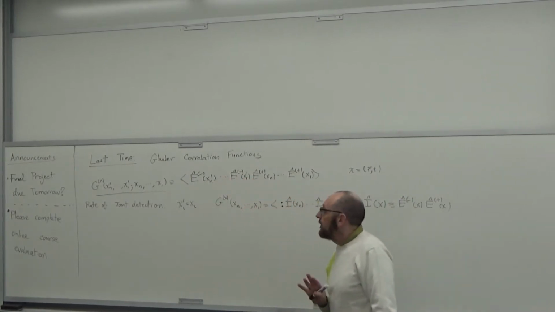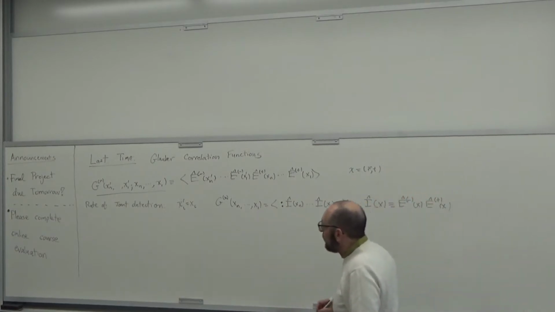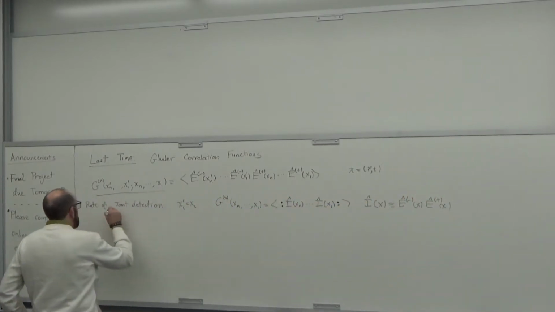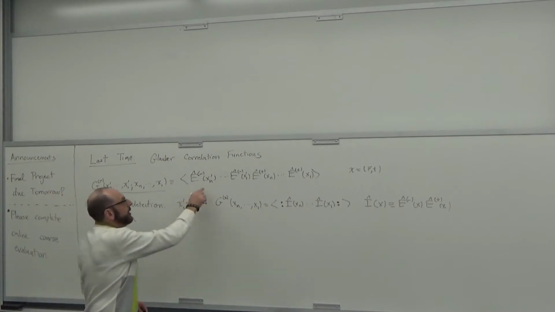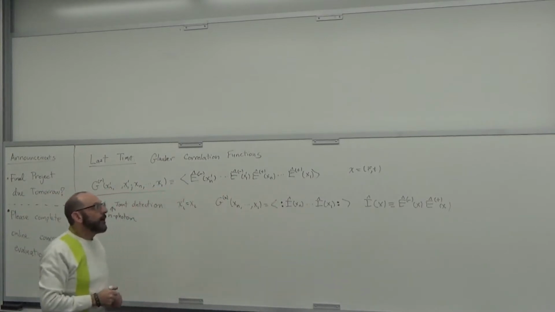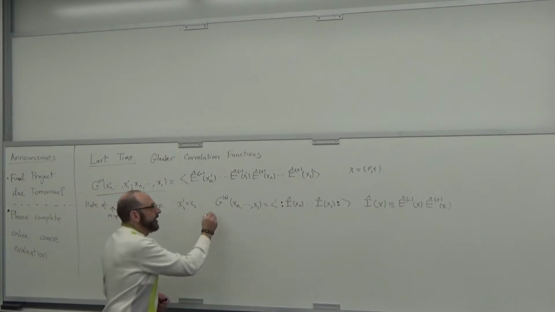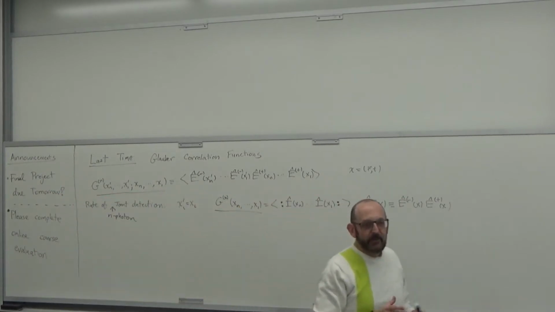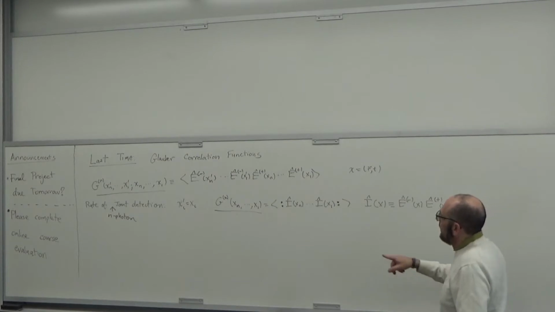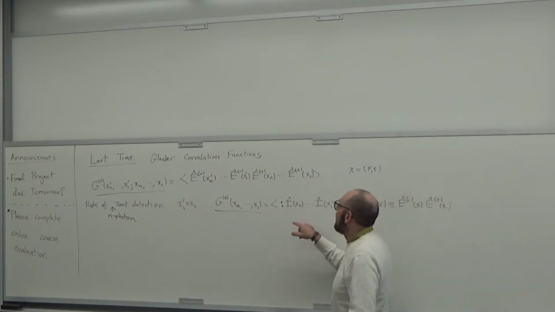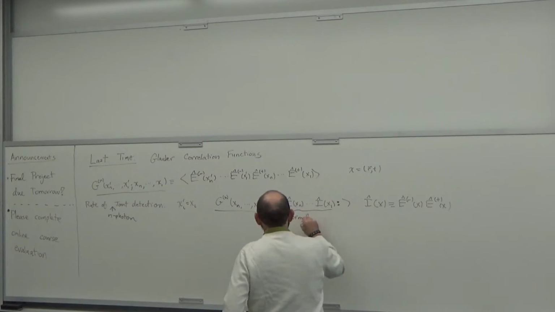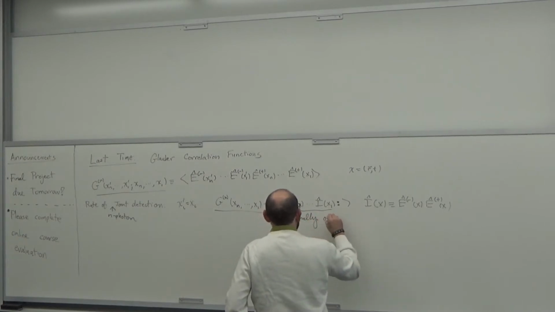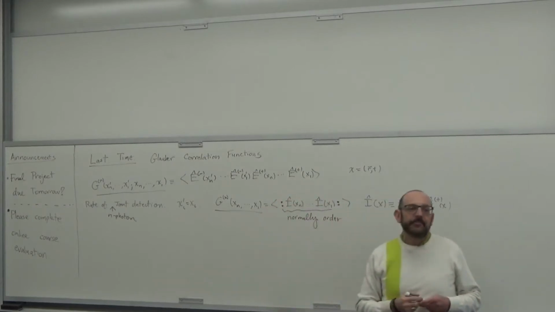The objects that appear, if I ask about the rate of n photon joint detection, then these primes are equal to the non-primes, and we typically just write that in this way without the two arguments. And what that is equal to is the normally ordered product of the intensity operators.